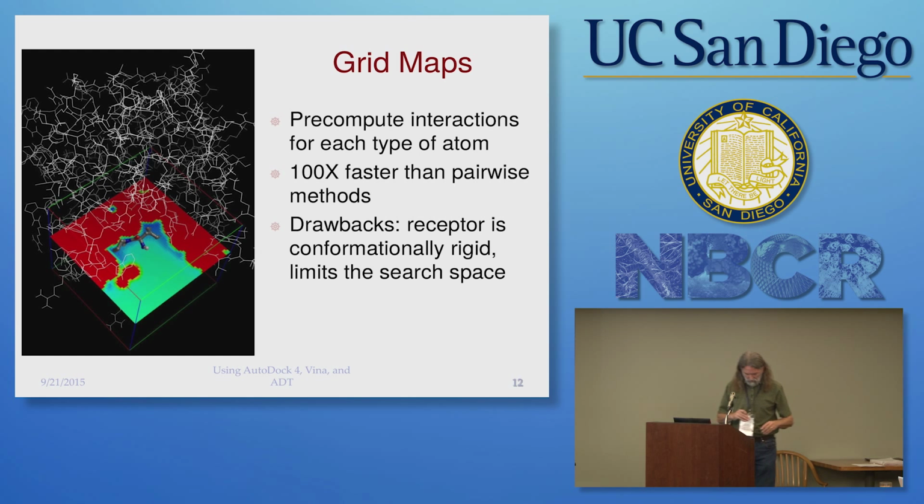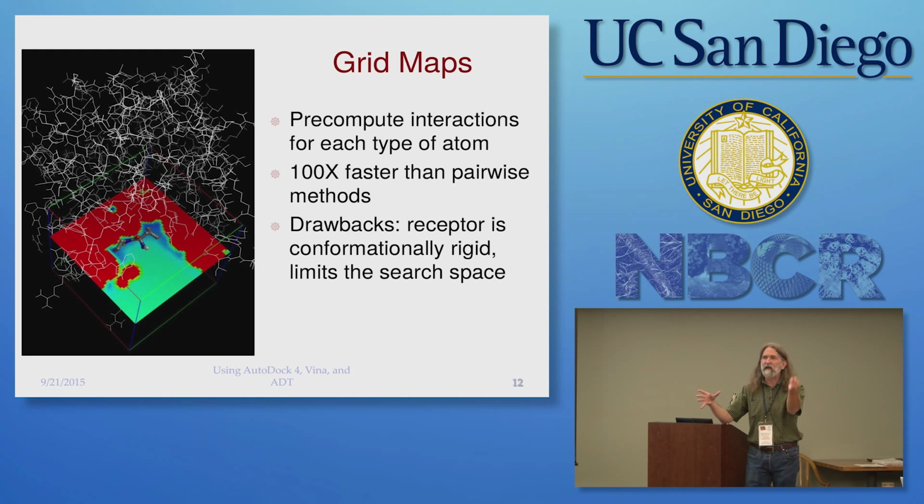So, in AutoDock, another aspect of the method which we use to make it fast enough to get answers out within a few minutes to less than an hour, is that we calculate these grid maps. What we do is take our target macromolecule and embed it in a 3-dimensional grid and then run a probe atom.